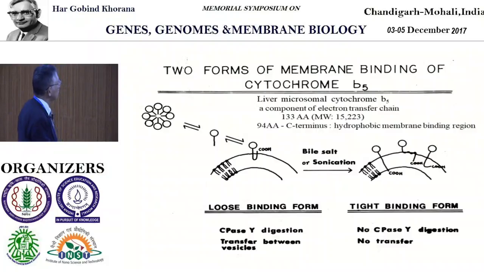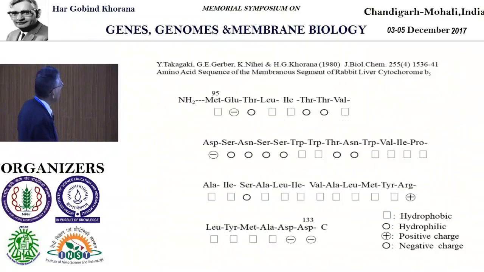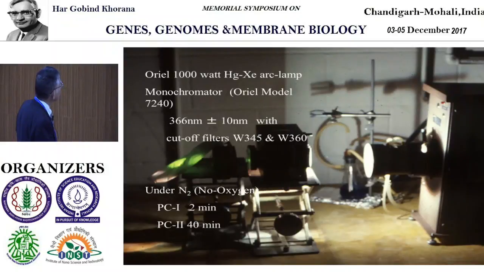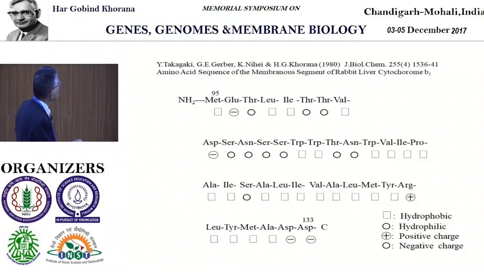So it's called the tight binding form. And this square is supposed to be the hydrophobic sequencing. Govind's second sequencing project was sequencing of this hydrophobic region of cytochrome B5, which was published in 1980.